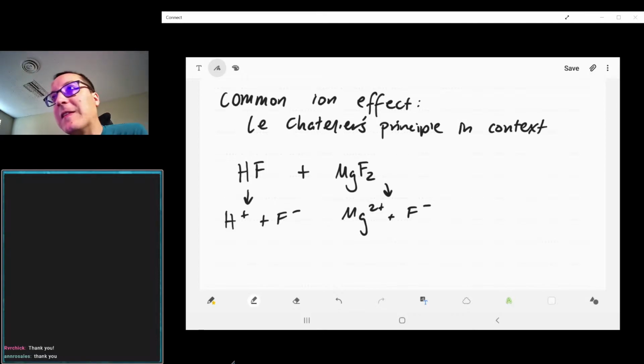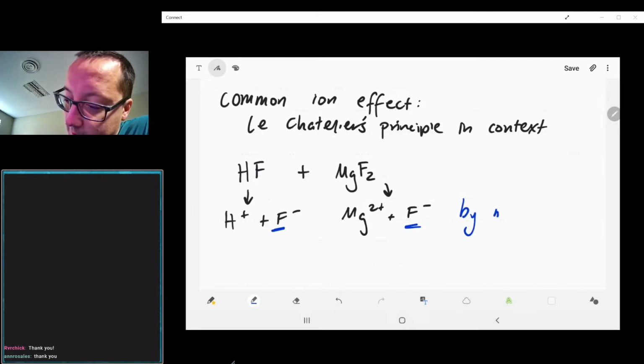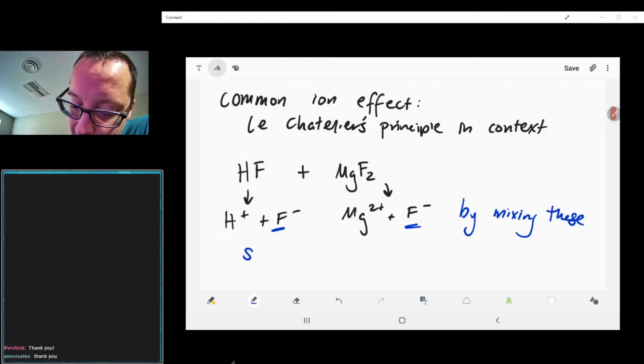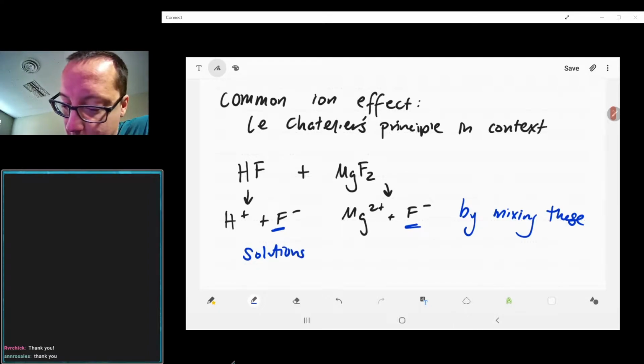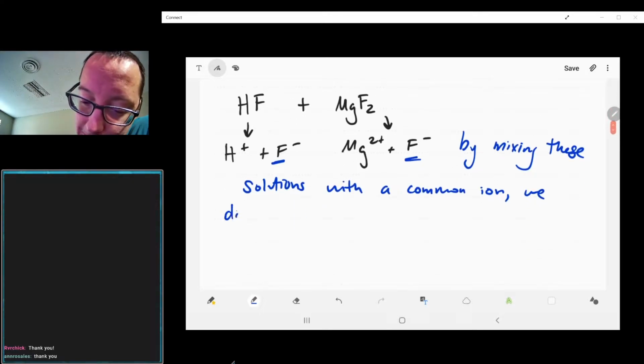And we're going to see that this is going to mess with our equilibrium if we were to mix these two solutions, because they both have the fluoride ion as part of them. So by mixing these solutions with a common ion, we disrupt the equilibrium.